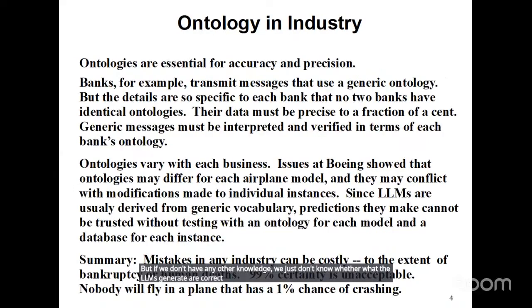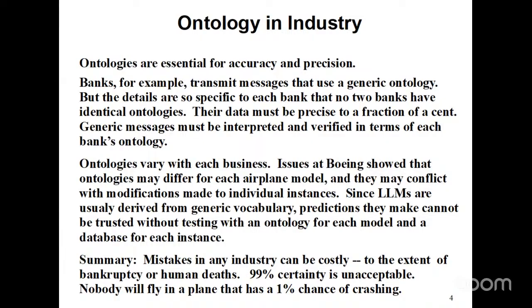Now, in industry, the ontologies are necessary for accuracy and precision. In banks, you must have absolute precision in the final result to a fraction of a cent. However, during the intermediate computation, they might use multiple precision arithmetic so that the intermediate results may be much more precise than a single cent.